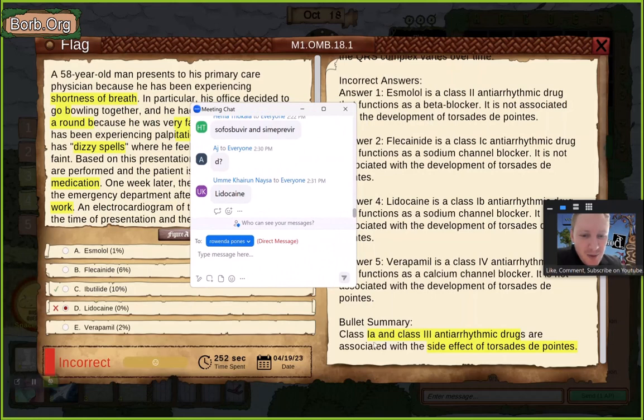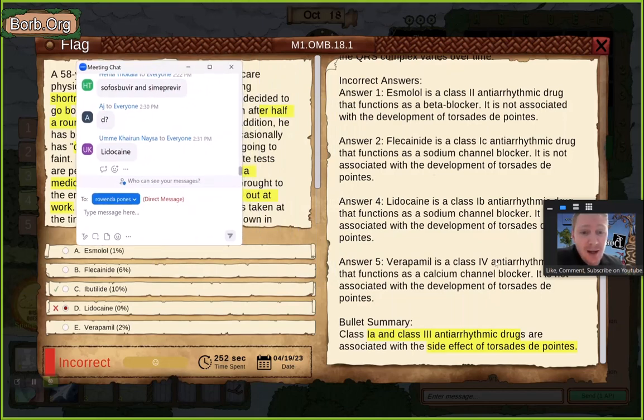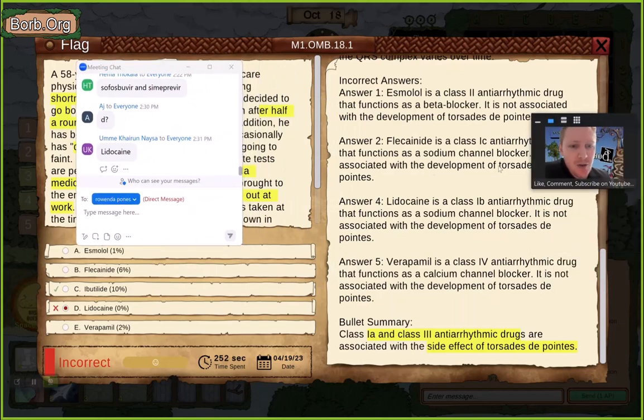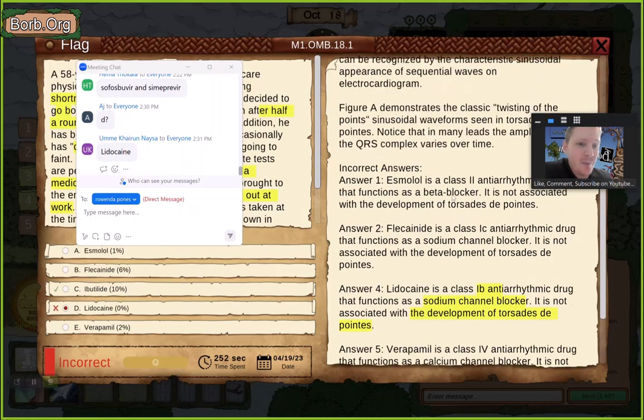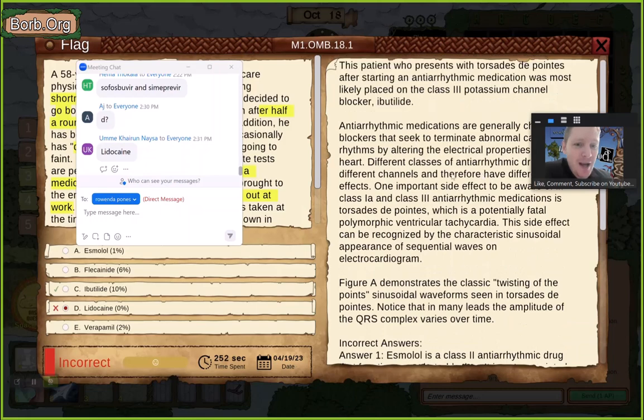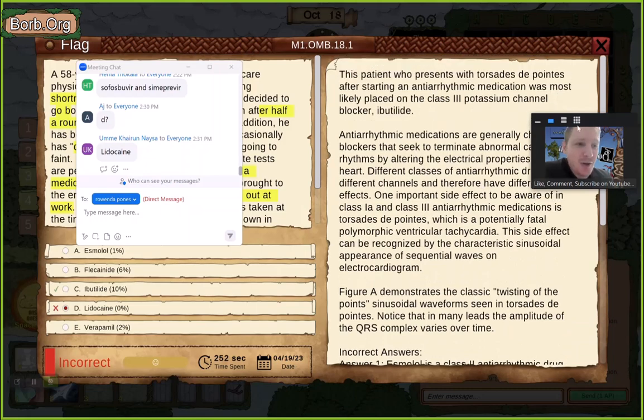And so you're absolutely right that this is a class 1, but it is class 1A that the ibutilide is implicated in. So let's read the lidocaine answer choice. You're right that it's 1B, a sodium channel blocker. It is not associated with development of torsades. So what type of ion would you expect it to be if you were going to produce torsades?